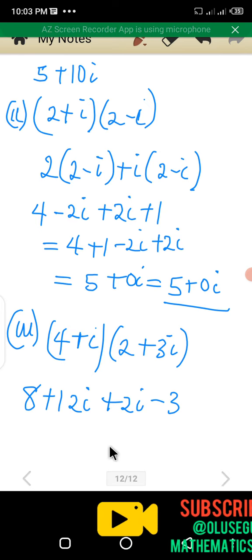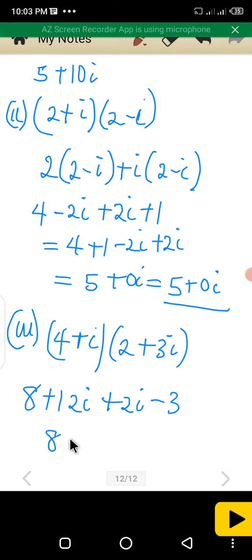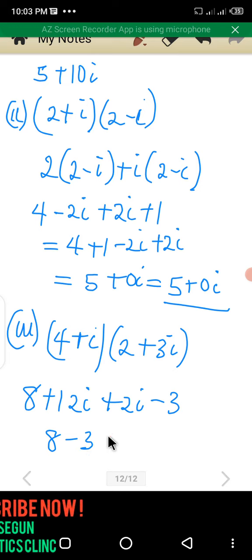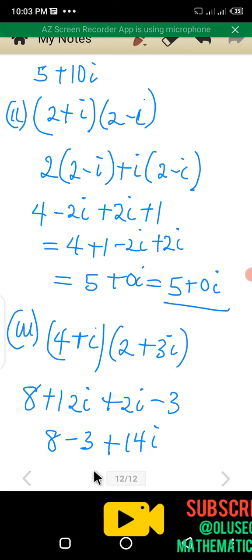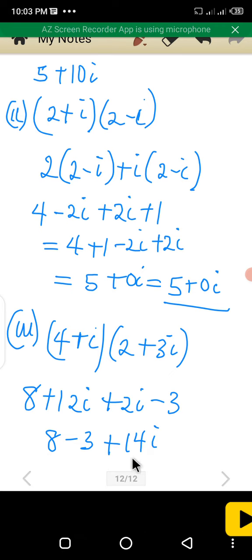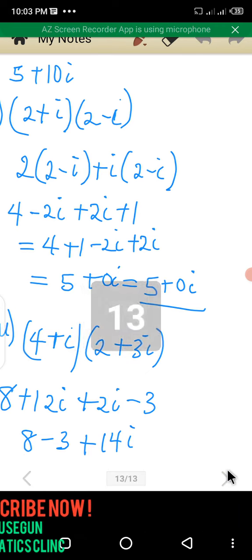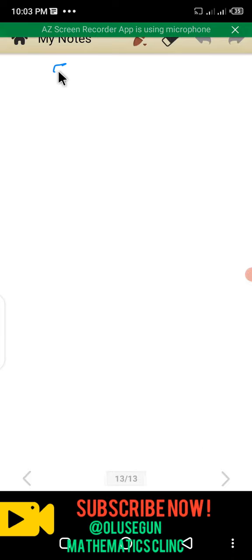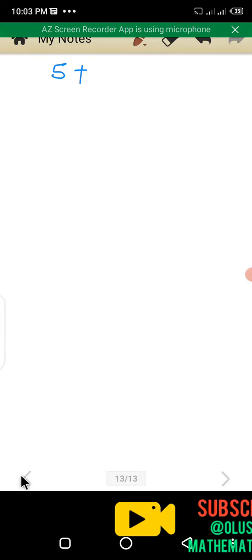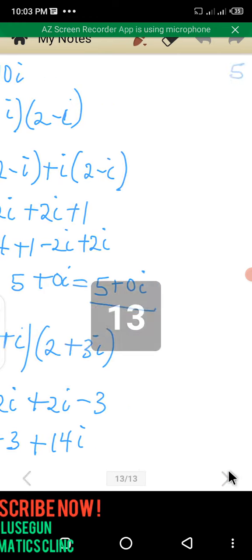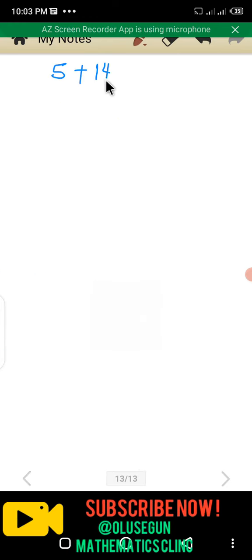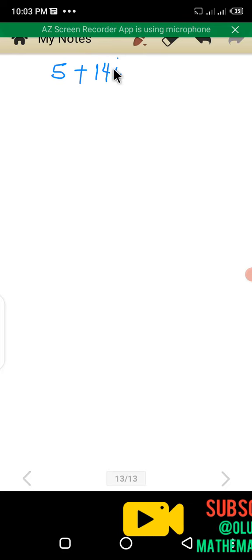So the minus 3 will now be 8 minus 3 plus 12I plus 2I, 14I. So 8 minus 3 will give you 5, which will now be 5 plus 14I. That is the answer for that.